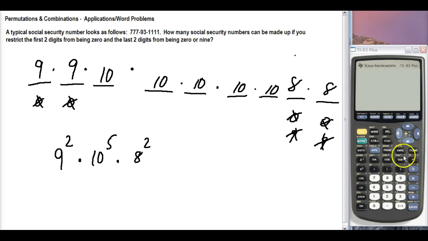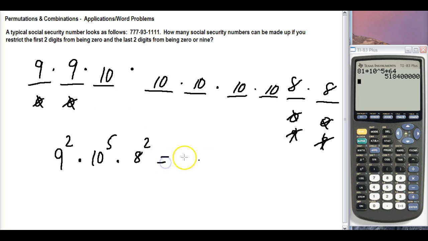And so now, if we want to make life easy for ourselves, we go ahead and put this in our calculator. So 9 squared is 81 times 10 raised to the fifth power times 8 squared is 64. So we come, and that is our actual number.